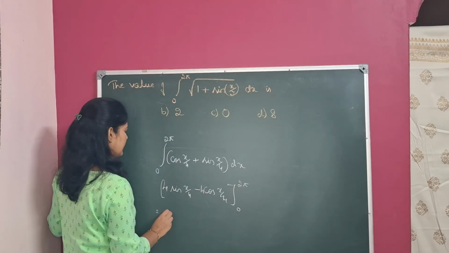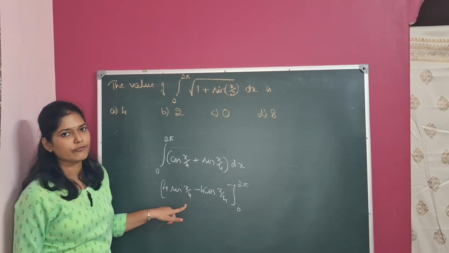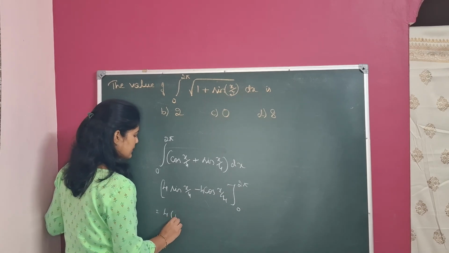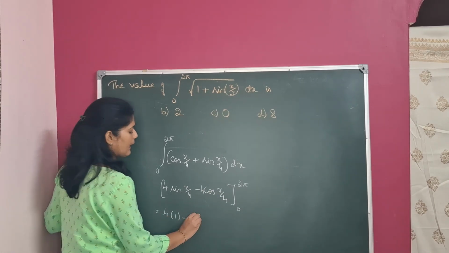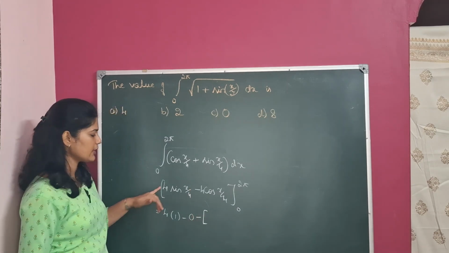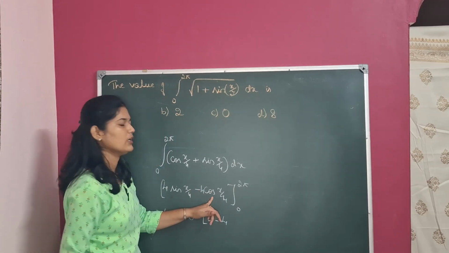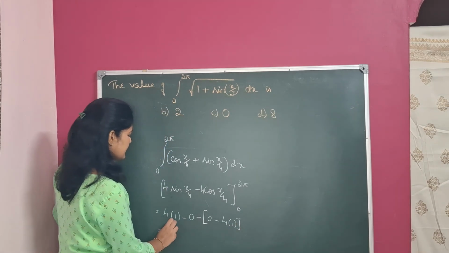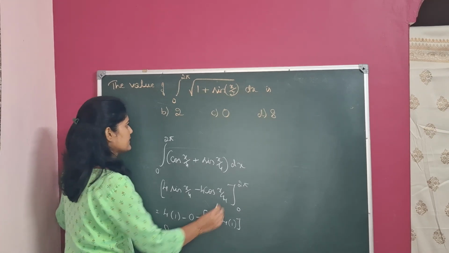If we substitute the limit, it will be 4 into sin of 2 pi by 4, that is pi by 2. Sin pi by 2 value is 1, minus cos pi by 2 value is 0, minus, if we substitute 0, sin 0 is 0, minus 4 into cos 0 which is 1. Therefore, the answer is 4 minus of minus 4, meaning plus 4, that is 8.